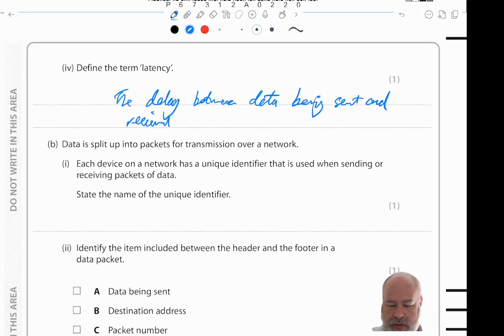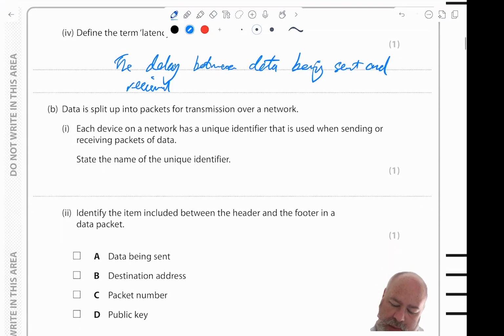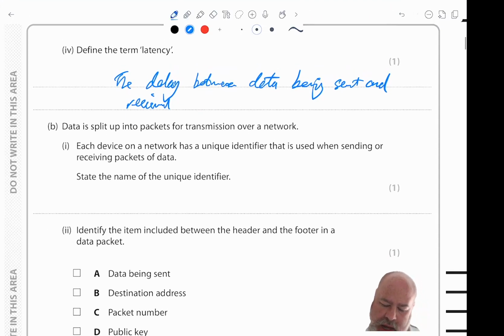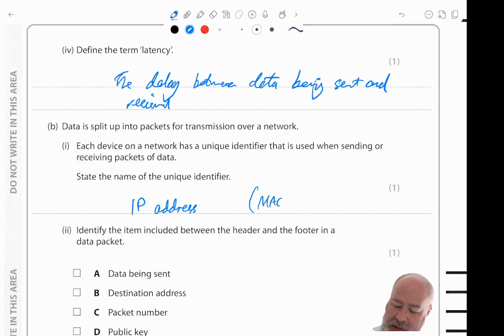Data is split up into packets for transmission over a network. Each device on the network has a unique identifier that is used when sending or receiving packets. State the name of the unique identifier. The easiest one to remember is IP address. But technically every device also has a MAC address, which is nothing to do with Apple Mac.